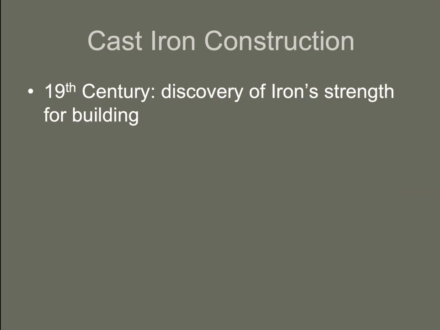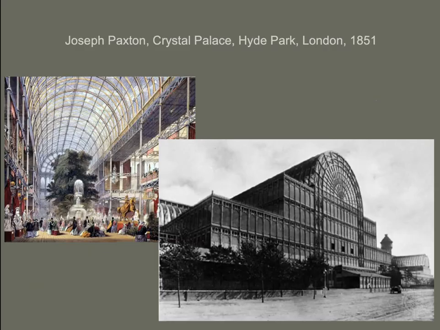Okay, so then moving on to cast iron construction, which was developed in the 19th century. And it was developed due to the discovery of iron strength for building. We're going to look at the Crystal Palace, which was the first modern skin and skeleton building. The skeleton is cast iron, and then the skin is the glass that it's been sheathed in.